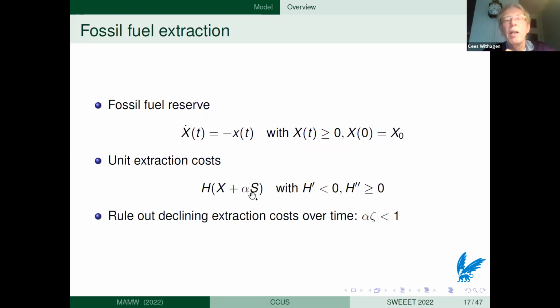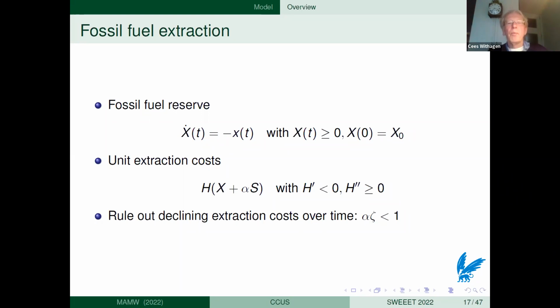So X plus alpha S is the total pressure in the well. This is based on Darcy's law. So we assume that the higher the pressure, so the higher the sum of X and alpha S, the lower is the cost per unit of extraction, and we assume that it is convex.